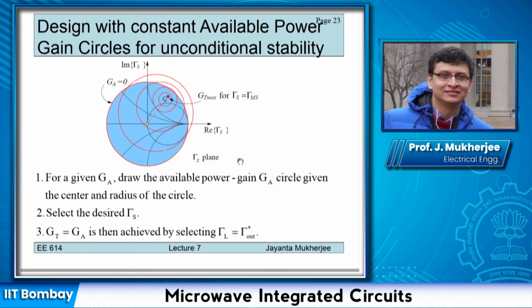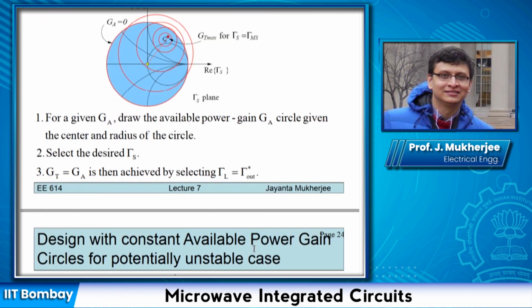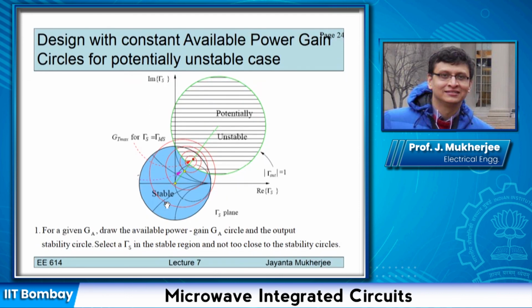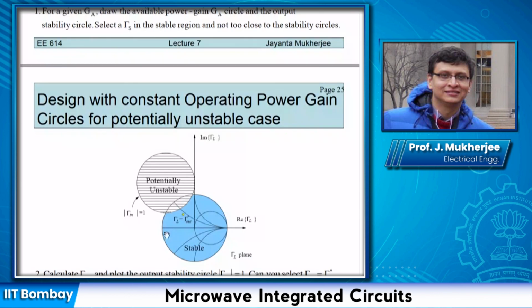So here I first choose the value of gamma S, then find out the value of gamma out and set my gamma L equal to gamma out conjugate. If I have a potentially unstable case, I again choose the value of gamma S that lies in the stable region, find out gamma out, set my gamma L equal to gamma out conjugate, and then go back to the output stability circle.